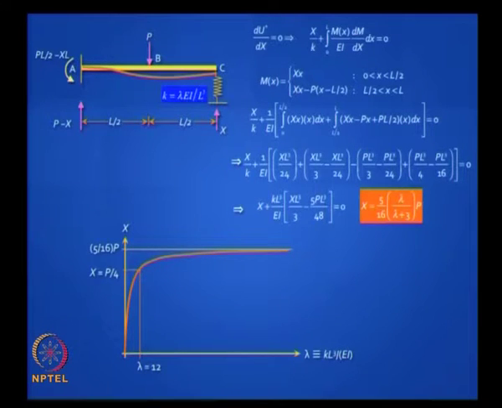It will asymptotically hit the peak value of 5P by 16. For example, if lambda is 12, x turns out to be P by 4. So this is a complete way of understanding that spring type behavior. So the actual behavior is somewhere between a cantilever and a propped cantilever.